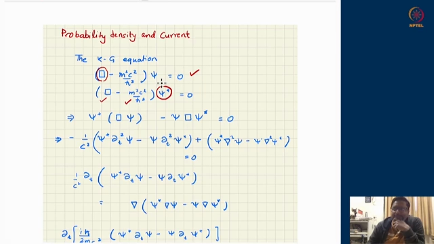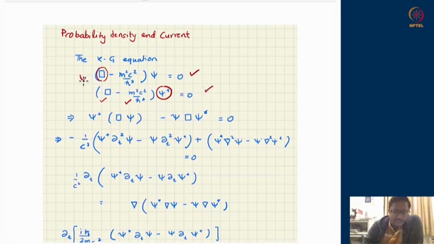And since the overall phase is not a matter of concern, psi and psi star are also solutions of the Schrodinger wave equation. In the relativistic setting we are getting a similar thing, that both psi and psi star satisfy the wave equation.